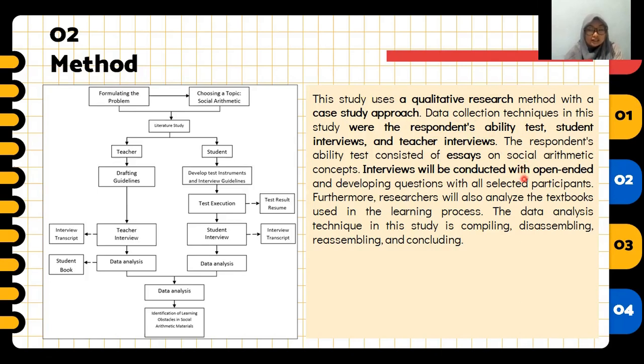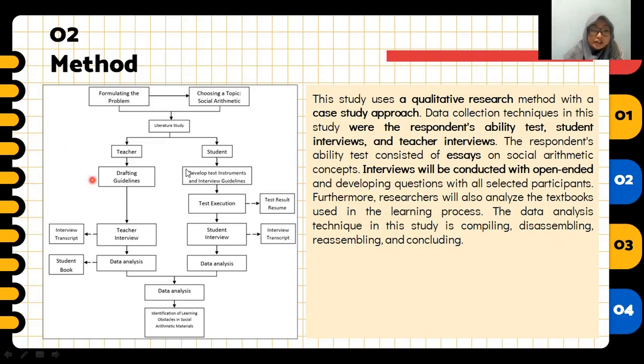Interviews were conducted with open-ended and developing questions with all selected participants. Furthermore, researchers also analyzed the textbook used in the learning process. The data analysis technique in this study is compiling, disassembling, reassembling, and concluding.